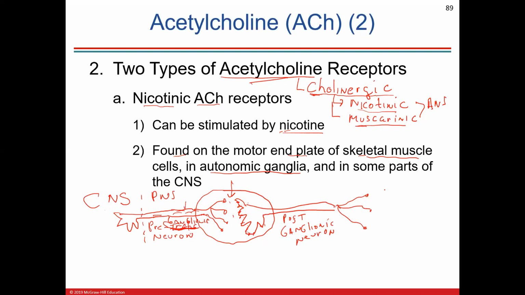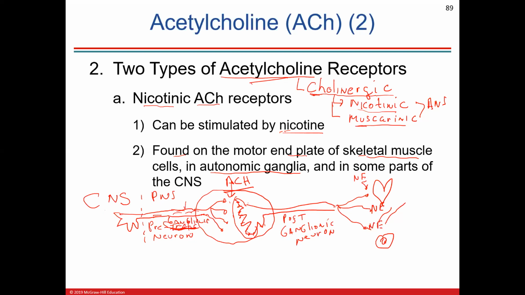But if you go out to the effector, right, the heart, the blood vessels, and the glands, in the sympathetic nervous system, this is releasing norepinephrine. This is always acetylcholine. Always acetylcholine. This is always cholinergic receptors. But in the sympathetic, it's norepinephrine to the effectors.